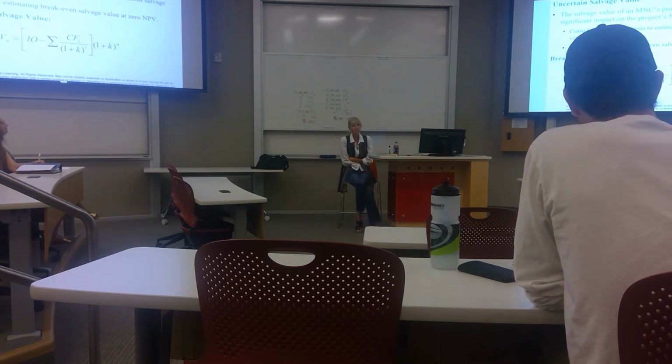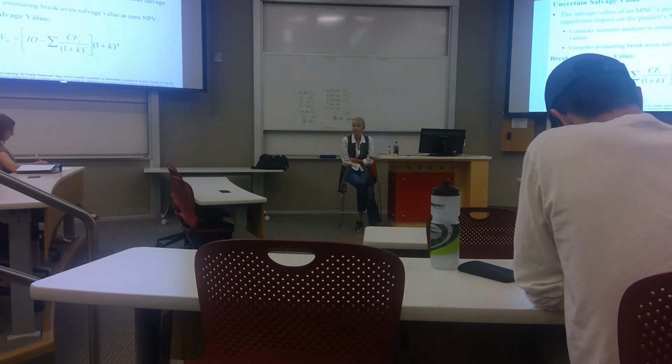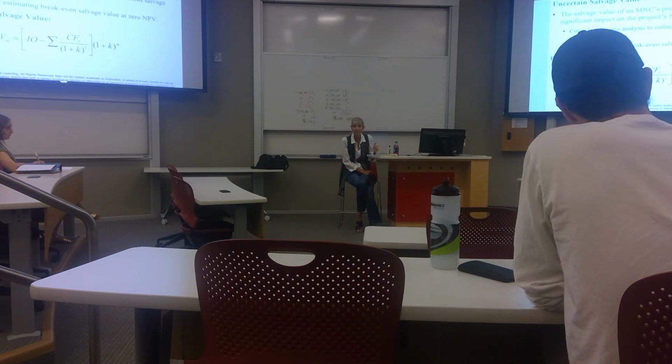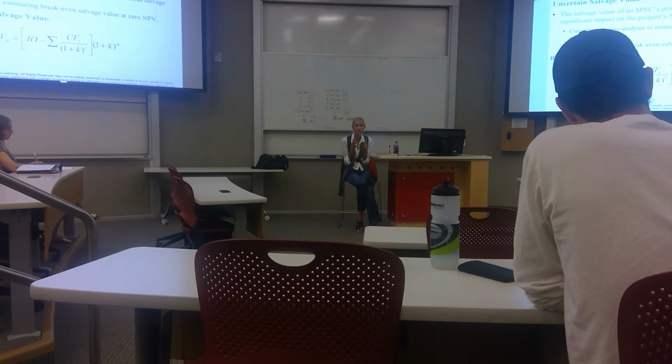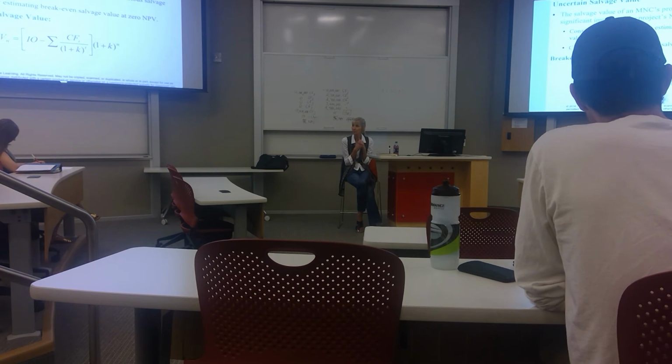This little equation here answers the question, what is the minimum amount I have to be able to sell this project for at the end to just break even? Because then I can compare it to what I think I'm gonna get, and if the two are really close, then I'm kind of nervous. But if the two are really far apart, I'm really comfortable.